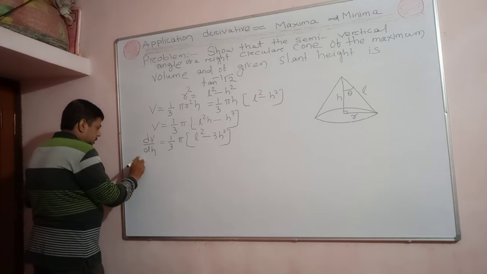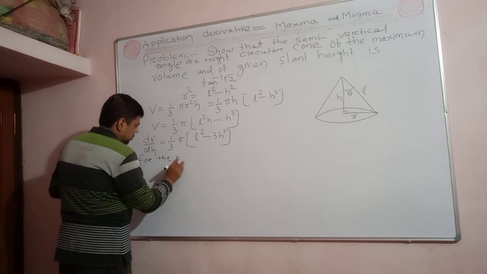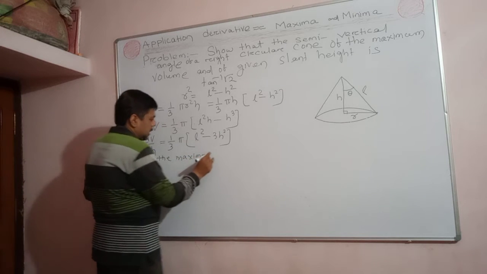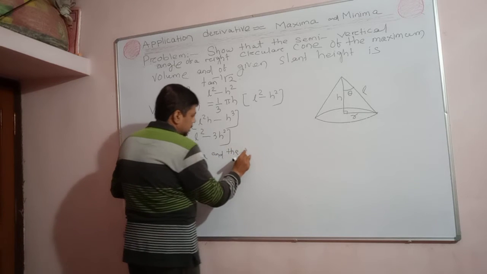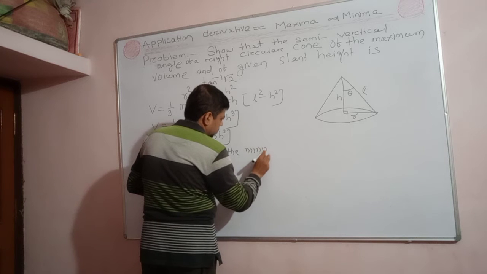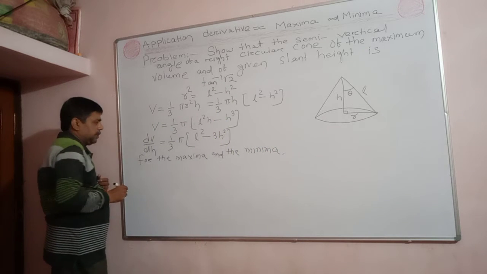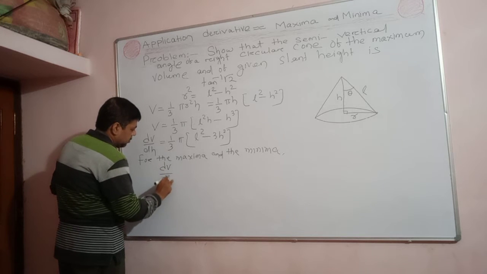Now for the maxima and minima of the function, we have to find the critical point. For the critical point, dV by dH must be equal to 0.